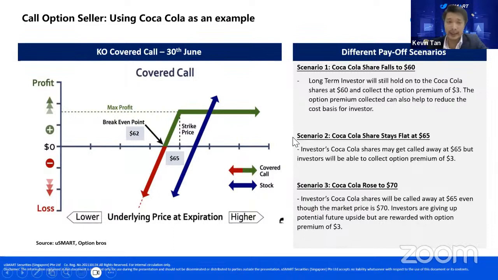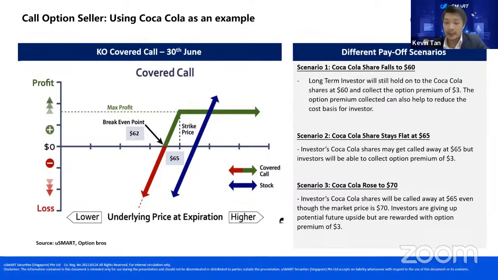So if there's one thing that I hope you take away from this, it is that when you sell a covered call or when you sell an option, what you are saying is that you are giving up your future upside in return for a predictable option income, and hopefully the option income that you generate is going to be better than holding the shares.